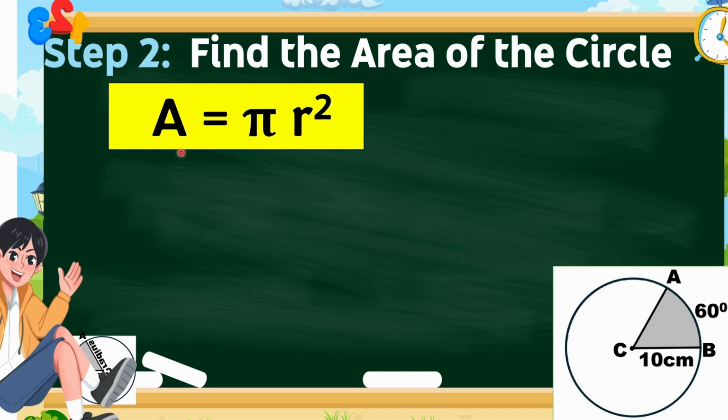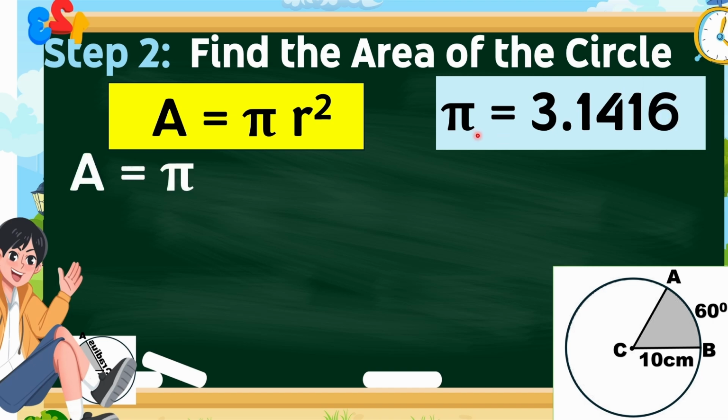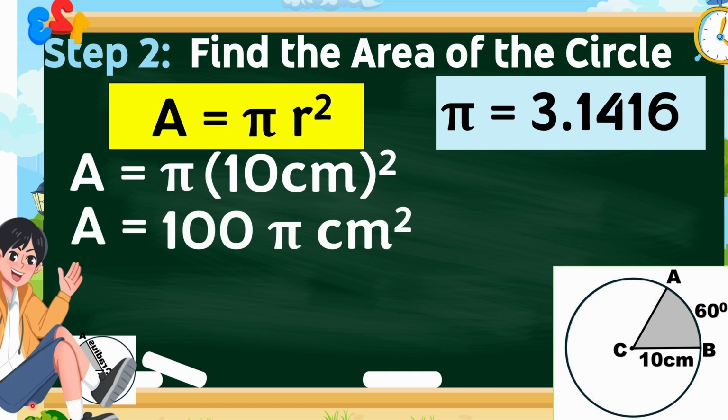Again, we will use this formula, area is equal to pi r squared. So now we have the value of pi as 3.1416. Therefore, we have pi times the radius, which is 10 centimeters, then we square. Next, simplify. We have 10 squared is 100.